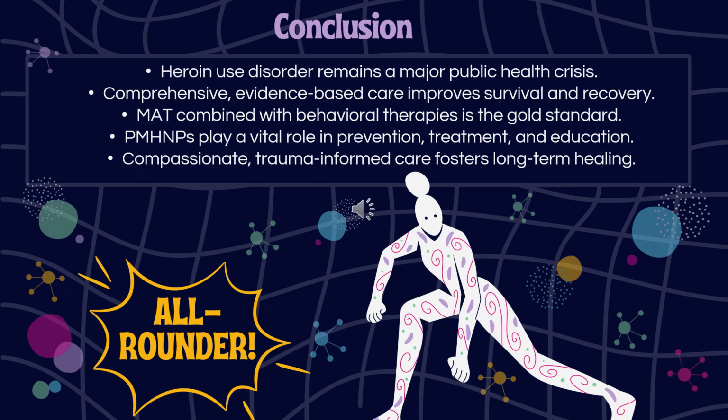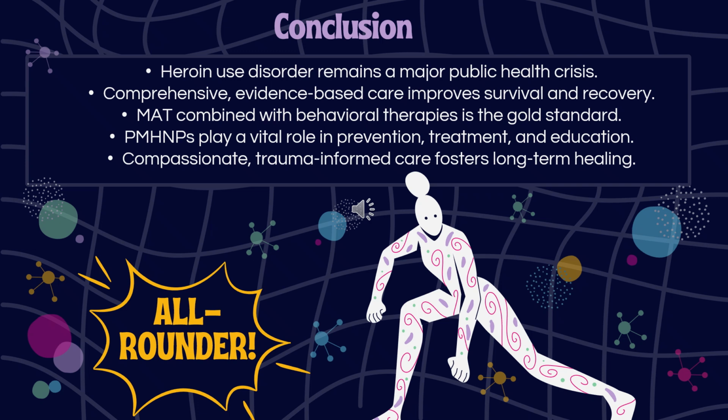Heroin use disorder remains a major public health concern in the United States, affecting individuals, families, and entire communities. Effective treatment involves a multimodal strategy that includes evidence-based medication-assisted treatment, psychotherapy, harm reduction, and continuing support.